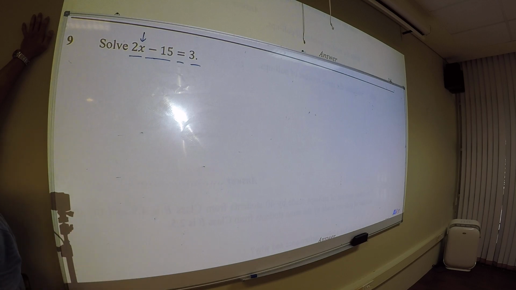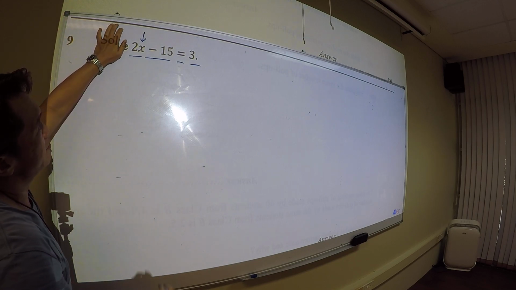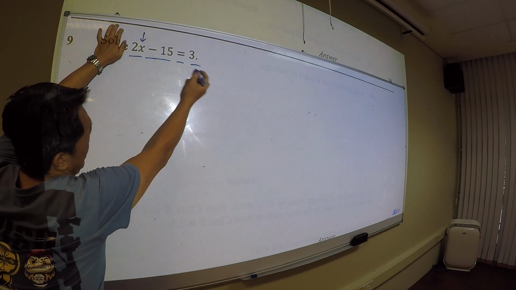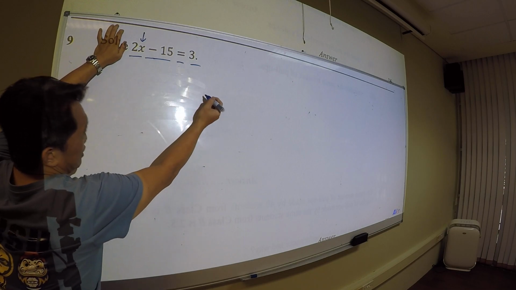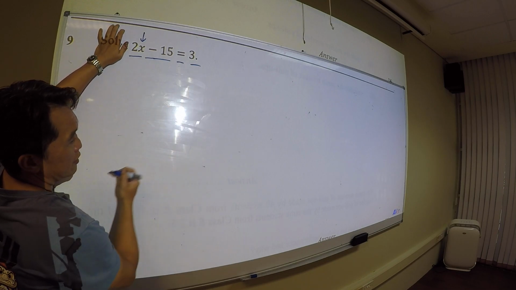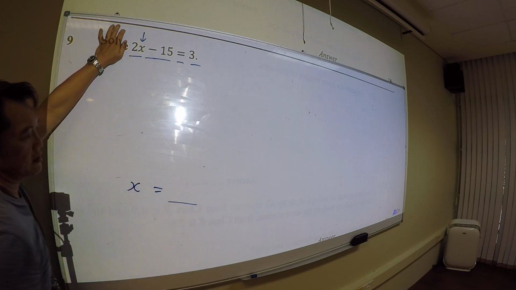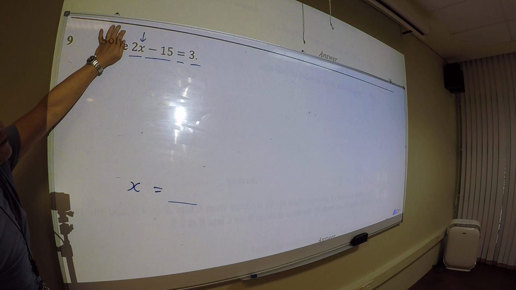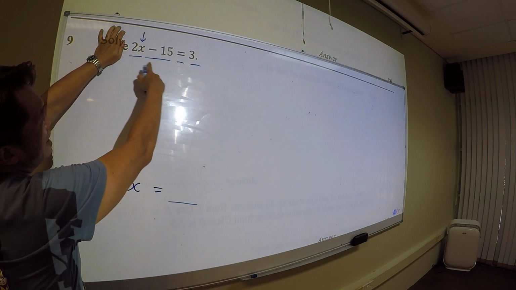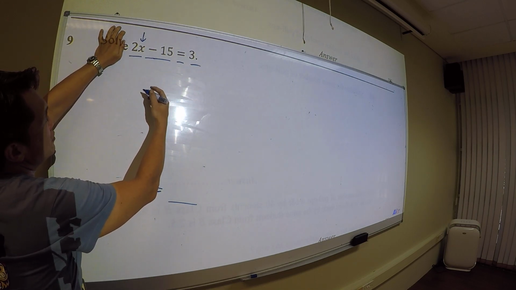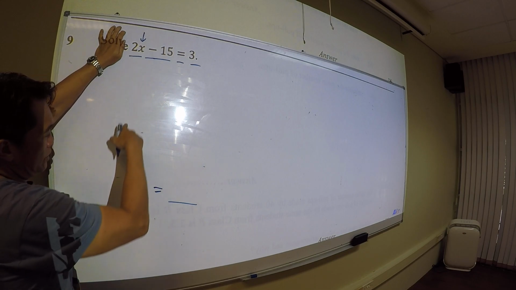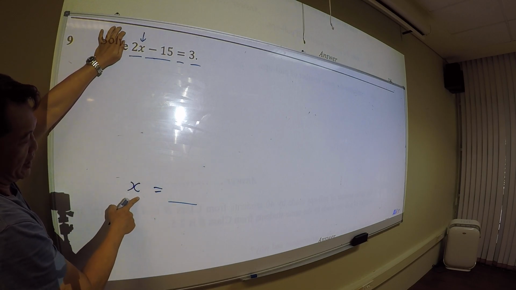So how do we find the value of x? We can do it systematically. They give us one equation, we keep writing equations until we know what x is. Okay? If 2 times x minus 15 is the same as 3, that means I want to slowly get to just having x here.